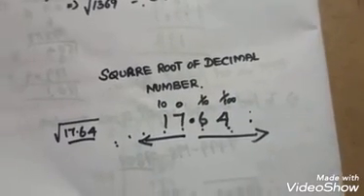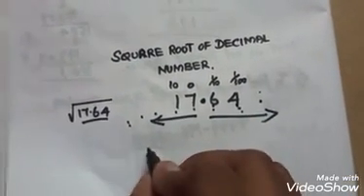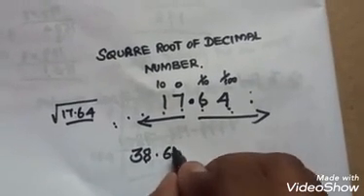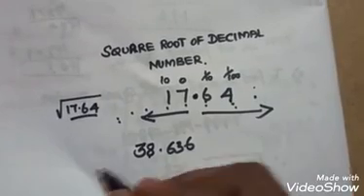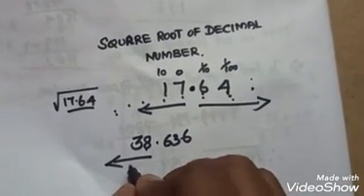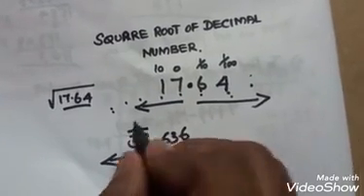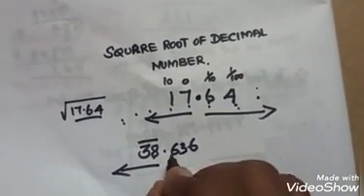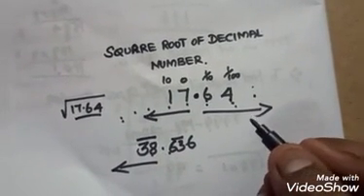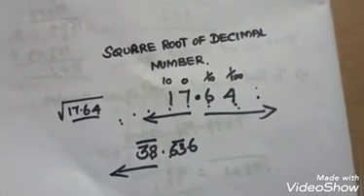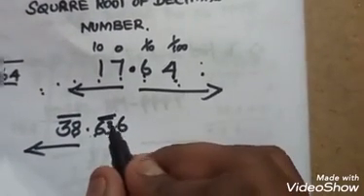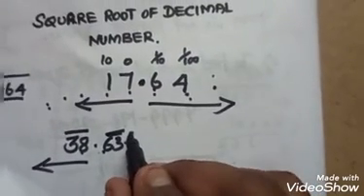How do you separate? For example, I take another example, 38.636. How do you separate this, from ones to tens? Ones, tens, you take one pair. Here from 10th to 100th you take a pair. Okay, next. If you take this 2 as a digit, then only 6 is alone. You don't need to take 6 alone.